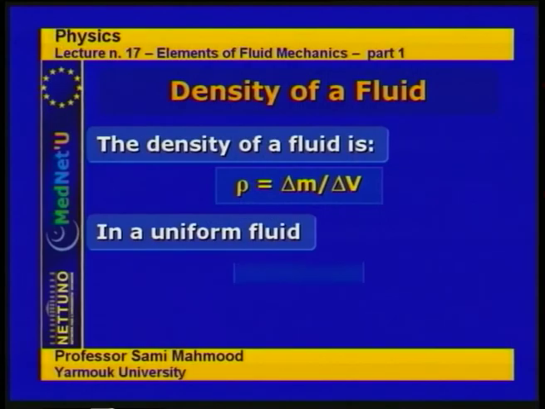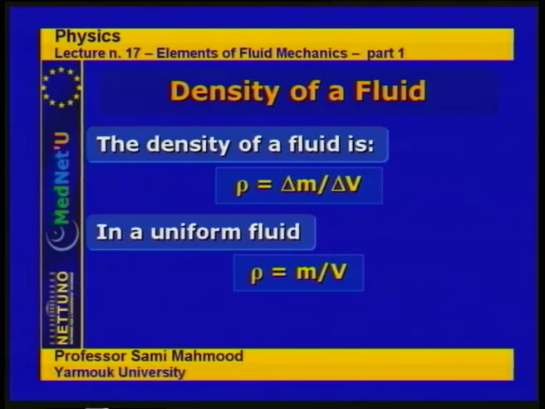However, in the special case of a uniform fluid, in which case the density is constant as a function of position inside the fluid, the density is simply the total mass of the fluid divided by its total volume. In general, if the density is not constant, this formula will give the average density.